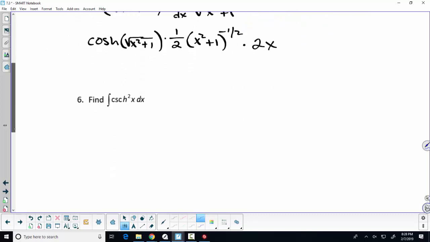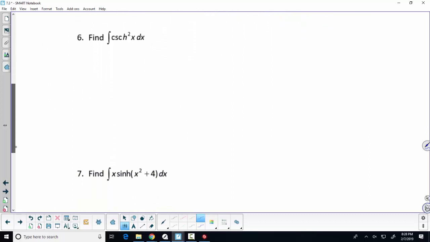But yeah, pretty much. What's the antiderivative of cosec squared? Negative. Yeah.